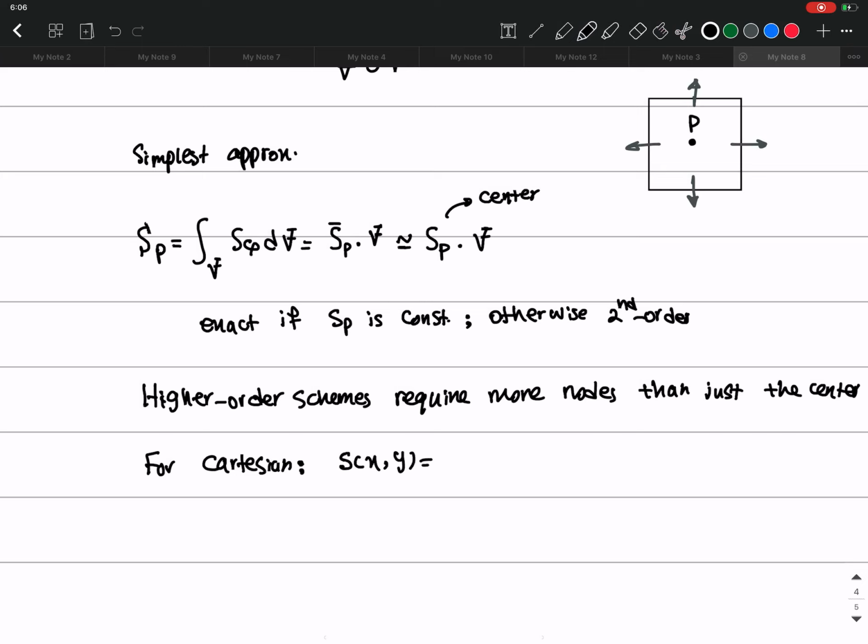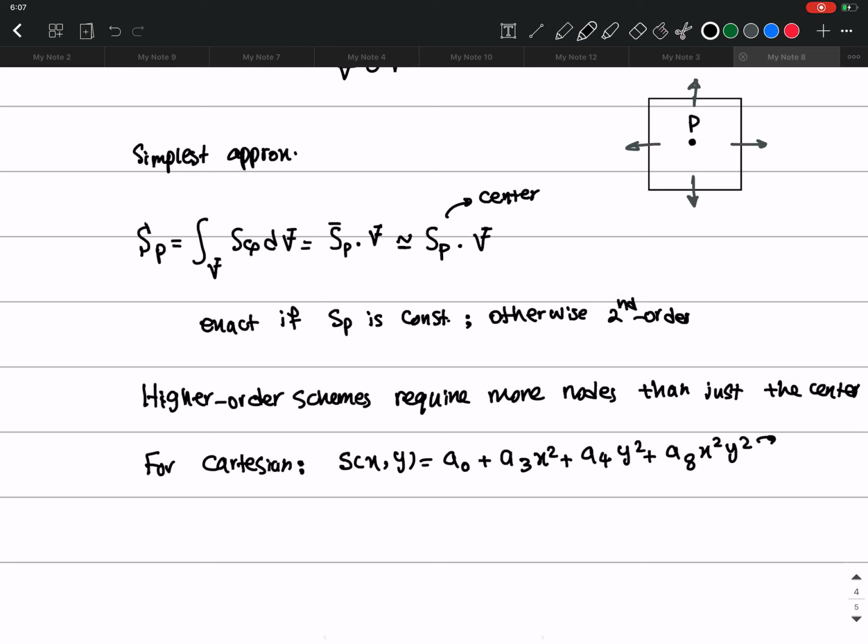I can say it is a0 plus a3 x squared, and I have other terms that I don't want to write, but you can write all the terms: a4 y squared plus a8 x squared y squared.